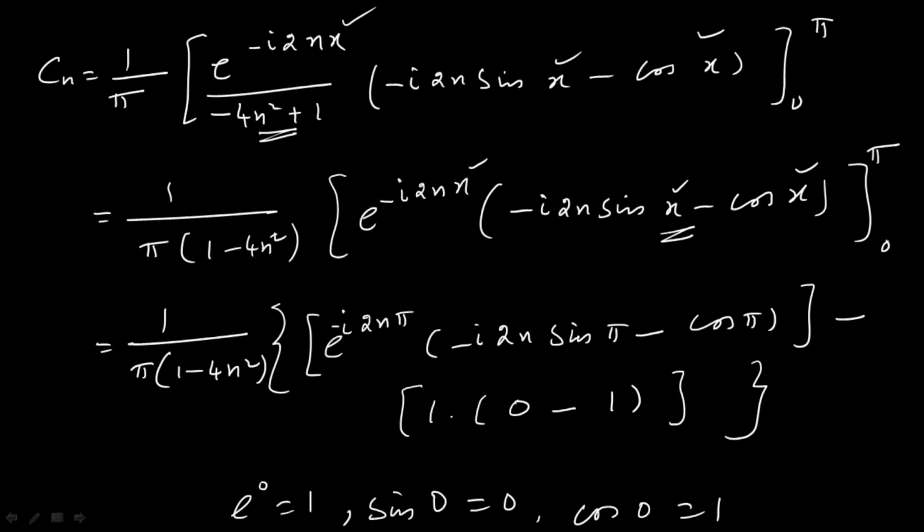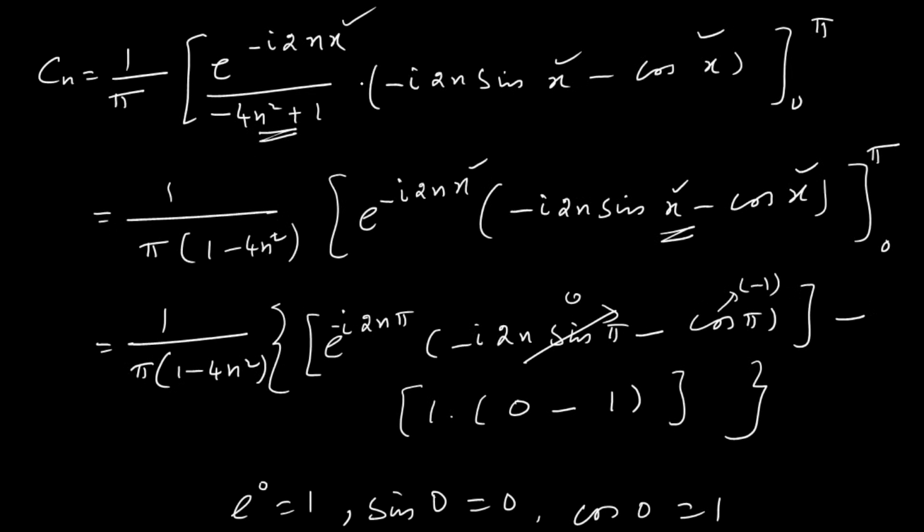Now, the next step is, you know the value of sin π is 0, so this term becomes 0, and the value of cos π is nothing but -1. Simplifying this, you get Cn equal to 1 upon pi of (1 - 4n²). So within the bracket you have e^(-2nπi), this term becomes 0, so here you have -1, so these two minus become positive, so plus 1.